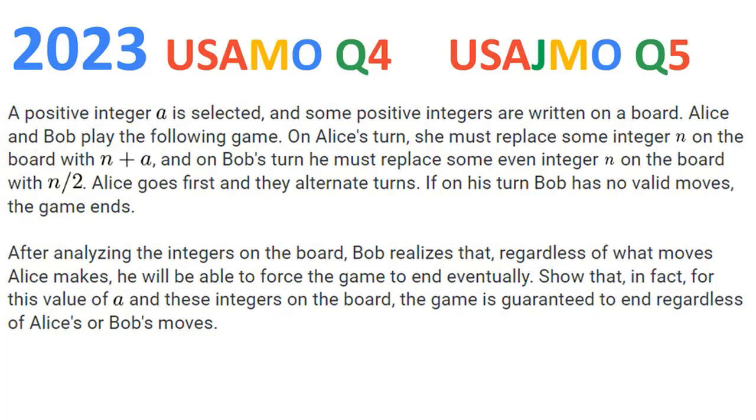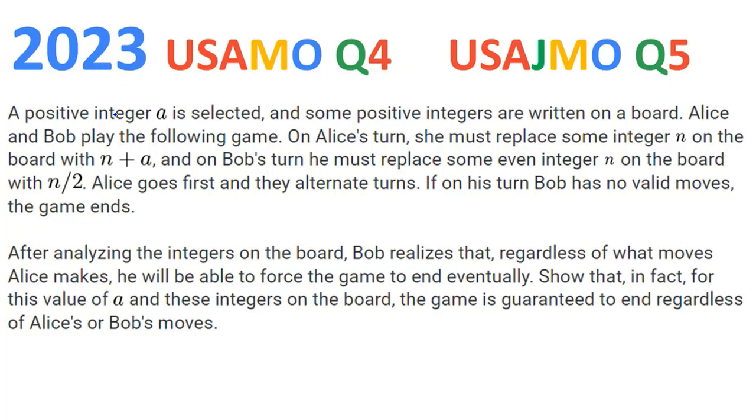and comments. In this video, we want to solve a problem that is in common with USAMO and USAJMO. It's for juniors. It's problem number 4 of USAMO, United States of America Mathematical Olympiad, and problem number 5 of USAJMO, which is for juniors, in 2023.